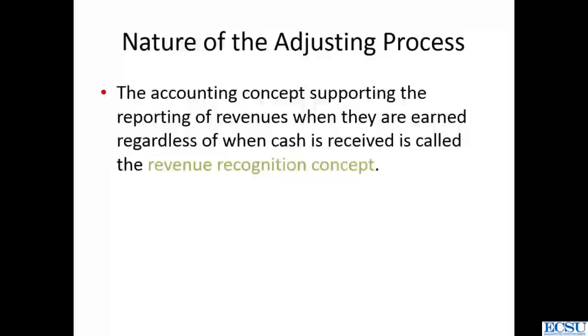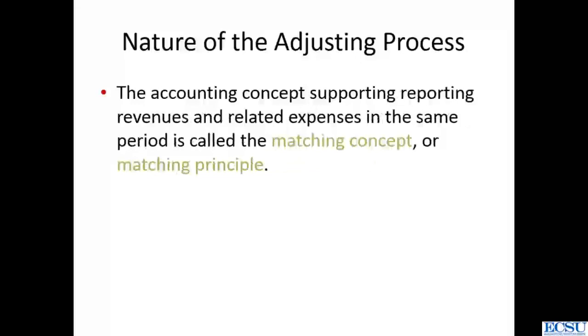So we talked about three concepts right now: the accounting period concept, the accrual basis of accounting, and the revenue recognition concept. Now, another concept that we need to talk about in the adjusting process is the matching concept or the matching principle. The matching principle supports reporting revenues and related expenses in the same period.